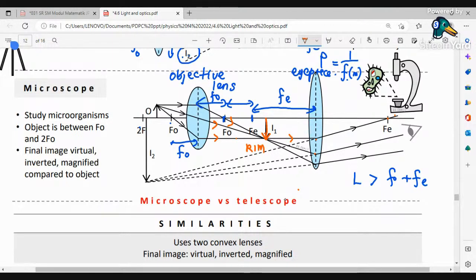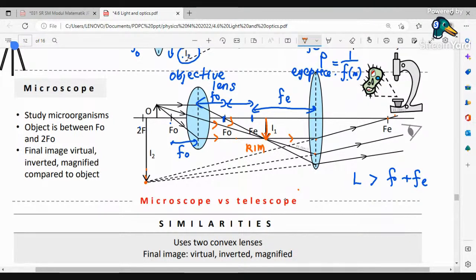So what we do is observe the image through the eyepiece and extend the line, because our line of vision is a straight line. So extend the line, and finally the lines meet here. So you will observe the image formed on the same side as the object, which means it is virtual.